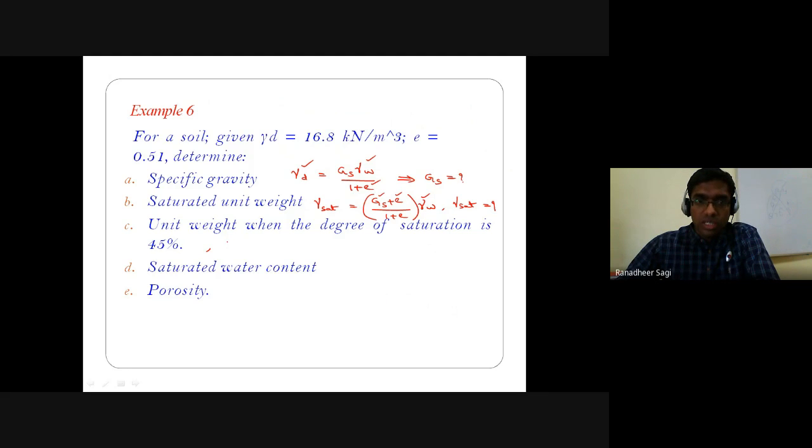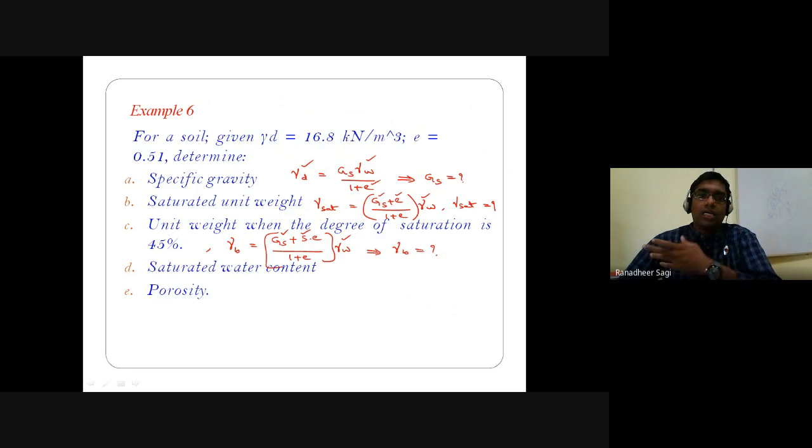We have the expression for gamma B as (GS plus S into e) by (1 plus e) into gamma W. GS is known, S, the degree of saturation, is 45%, which I can substitute as 0.45. The void ratio is already given as 0.51. Gamma W is 9.81.